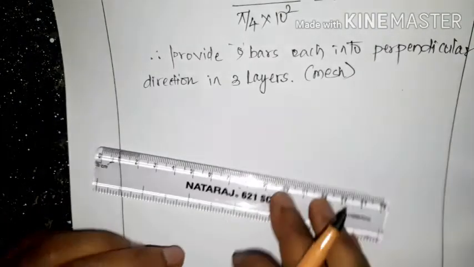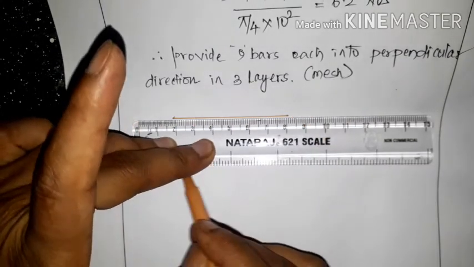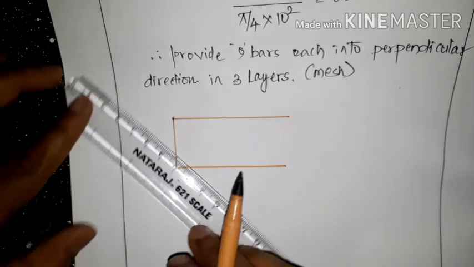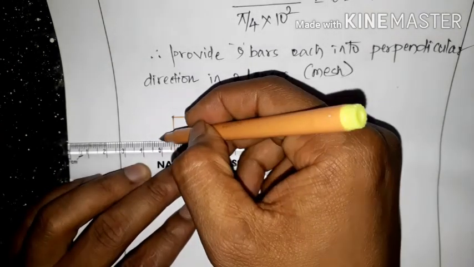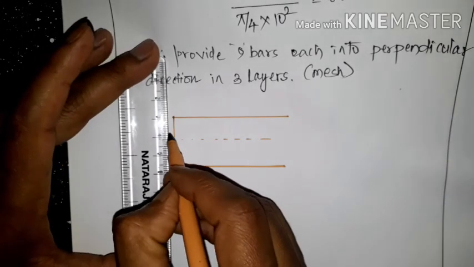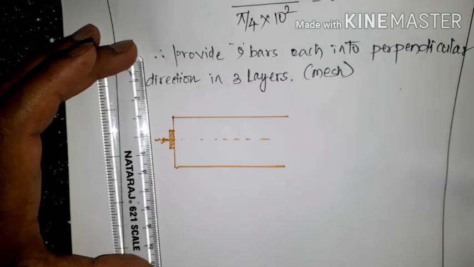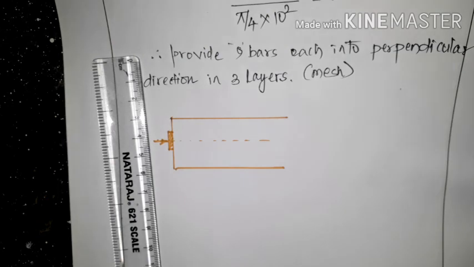Okay, suppose this is our anchorage end, the end anchorage of the beam, and here we have the centroid of the pre-stressing force. So the bars should be provided like this. I have got 9 bars, so 3, 3, 3 like that.